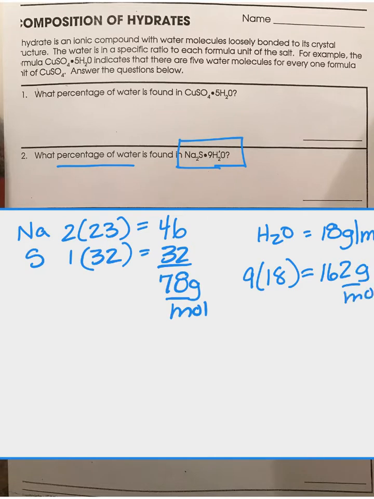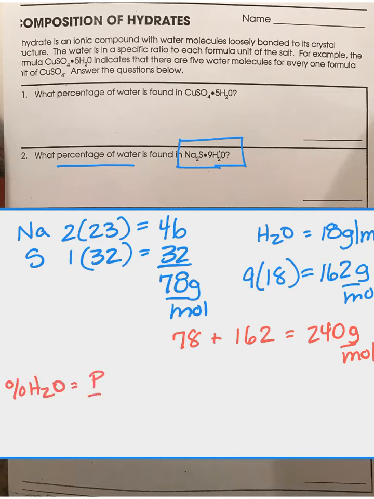And now, if we want to find the total, we add those 2 together. 78 plus 162 equals 240 grams per mole. And that's for the whole thing. Now we have to find the percent of water. And remember, we always write our formulas down. Percent equals part over whole times 100.